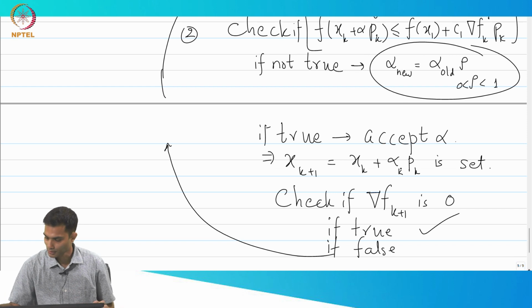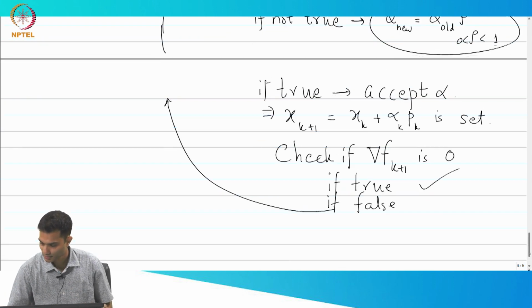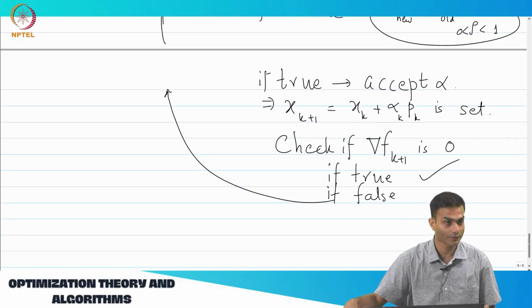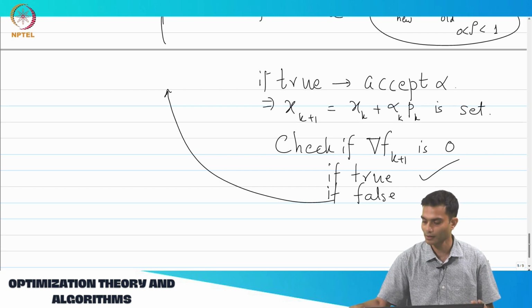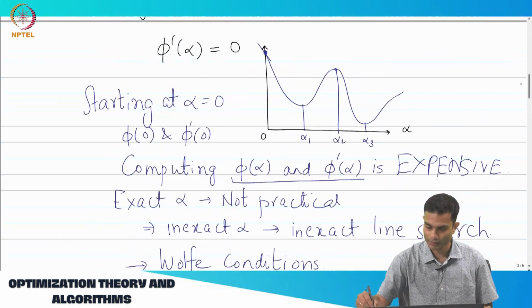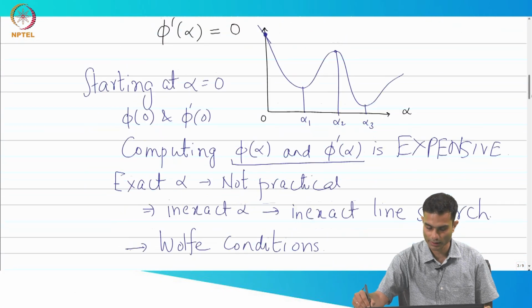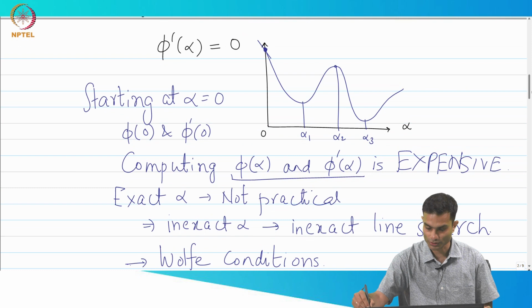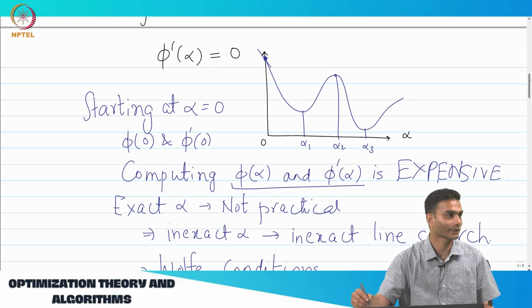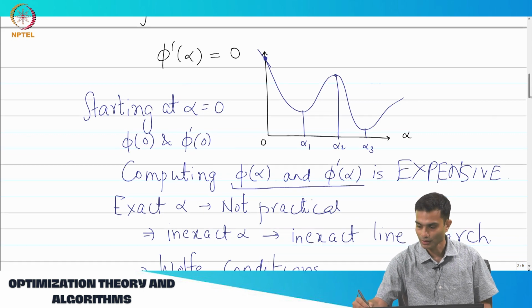Okay, so that's all I wanted to tell you about line search algorithms. What we looked at in the line search algorithms was, first of all, why do we need to go for inexact line search? Because exact line search is extremely expensive.